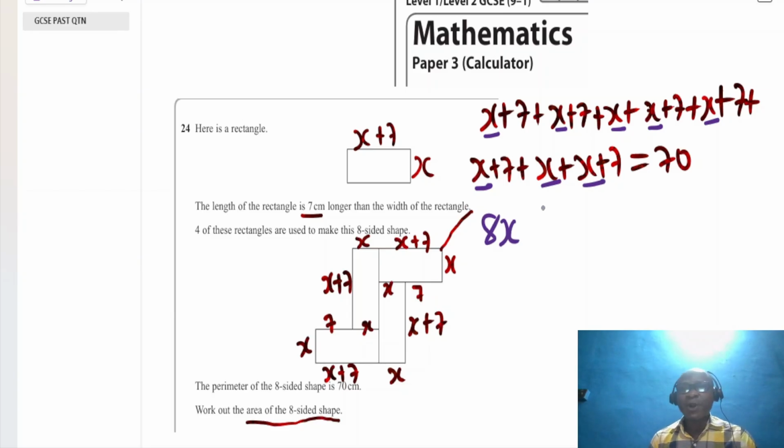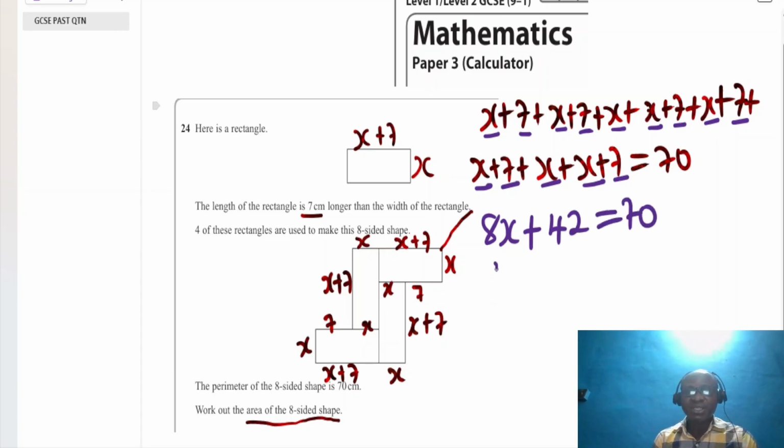Now I will add up all the numbers. Here is 7 plus 7, 14. Then plus another 7 is 21. Then plus another 7 is 28. Plus another 7 gives me 35. Then plus another 7 gives me 42. So I got 8x plus 42. Everything now is equal to 70.